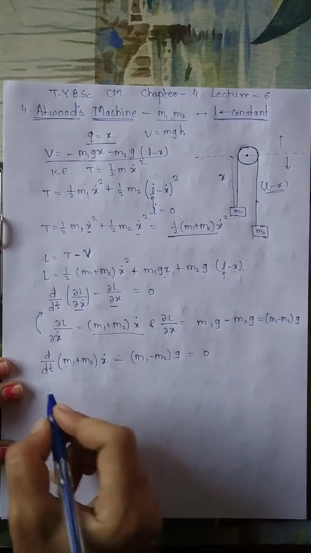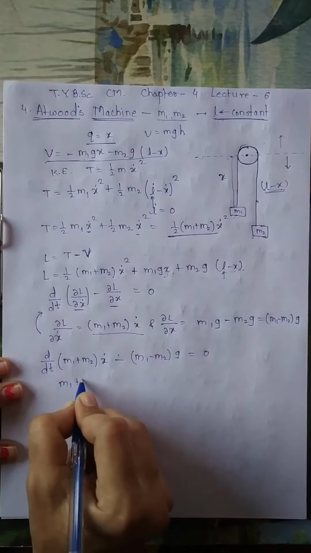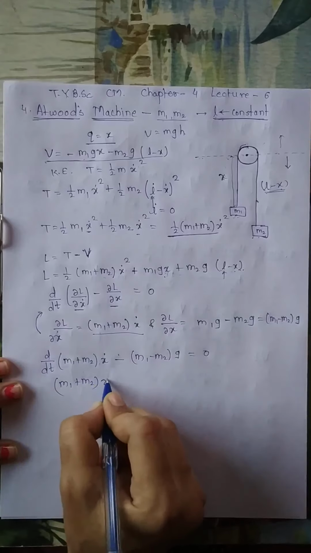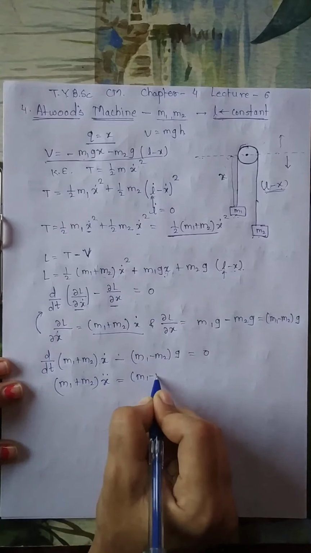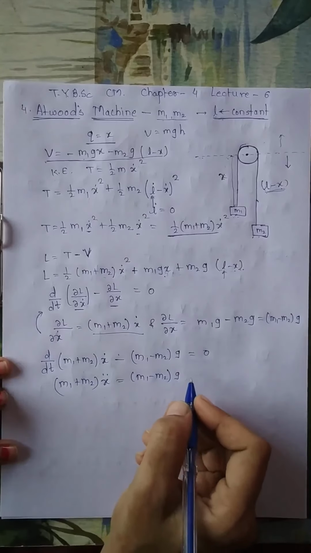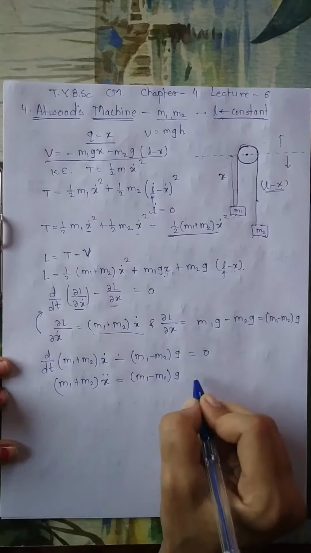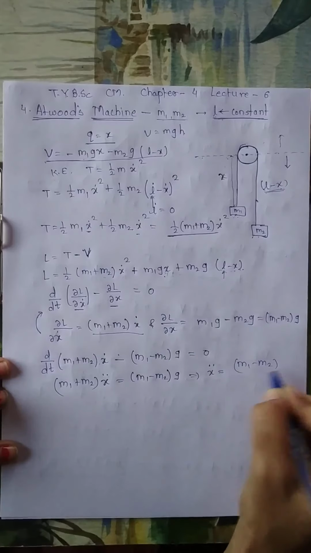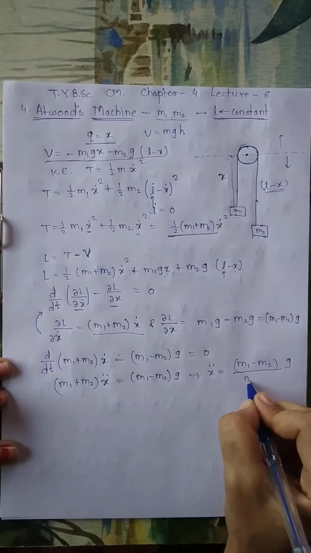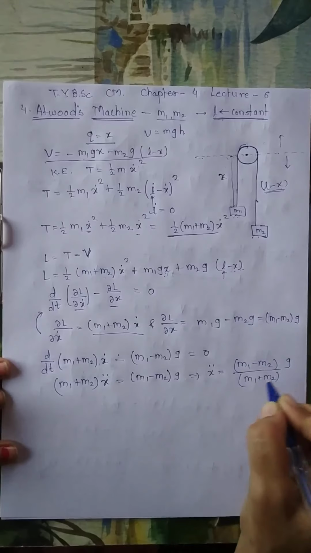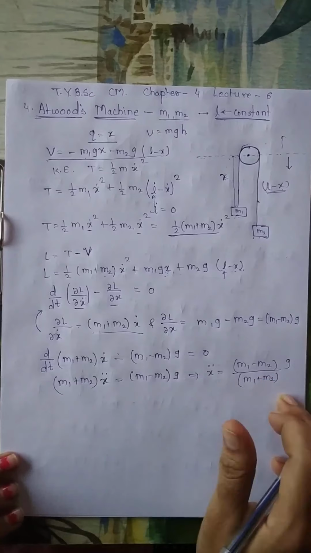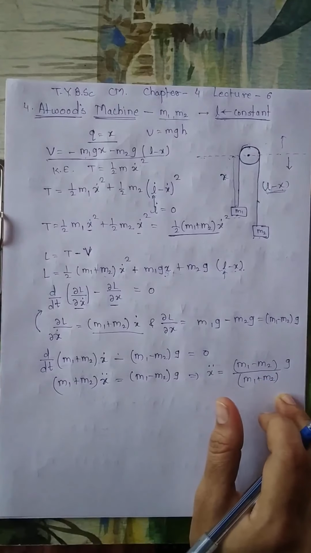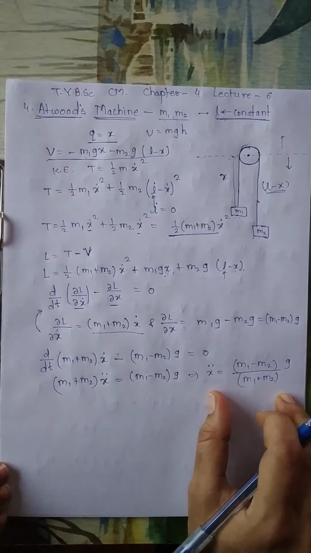We will take this negative term on the RHS, so that m1 plus m2 into the derivative of x dot, which is x double dot, equals plus m1 minus m2 into g. From this I can write x double dot is equal to m1 minus m2 into g upon m1 plus m2. So this is the equation of motion, from Lagrange's equation, for the Atwood's machine.